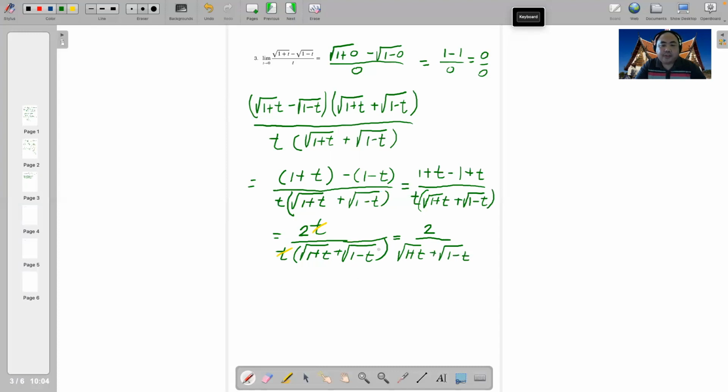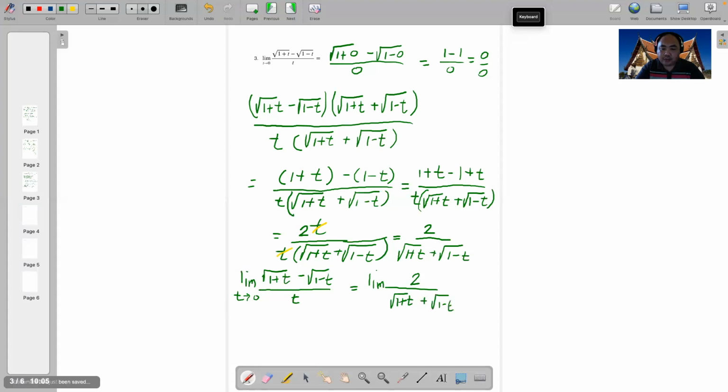Which means that the original function, limit of square root 1 plus t minus square root 1 minus t all over t as t approaches 0, is equal to the limit of an equivalent function, 2 over square root 1 plus t plus square root 1 minus t as t approaches 0.